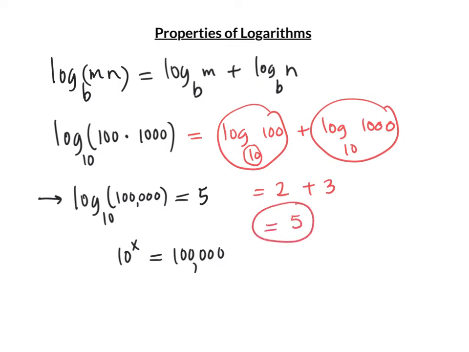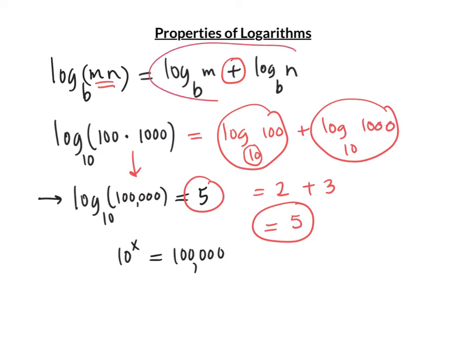You get 5, the same answer as if I just multiplied it all out. Again, when you multiply, what do you do with your exponents? You add them.